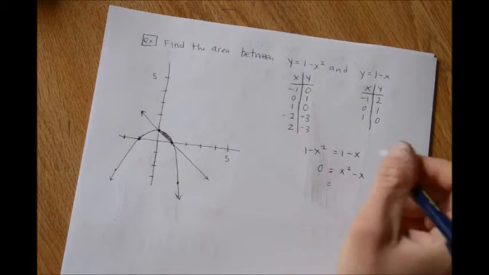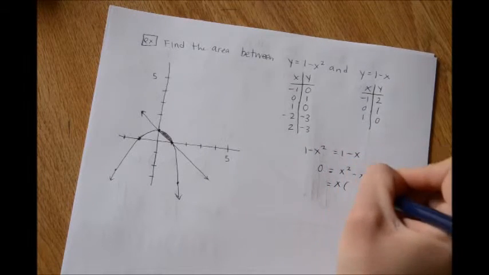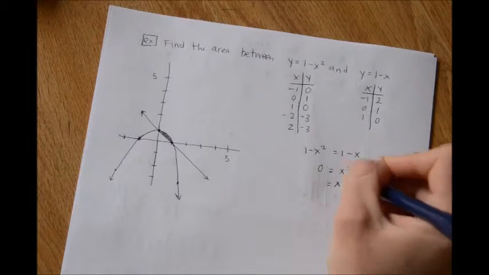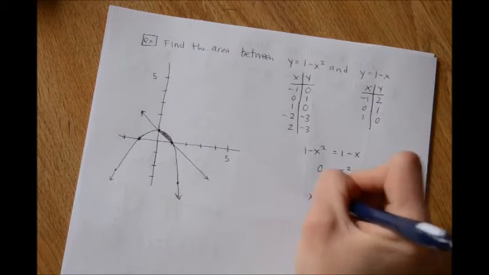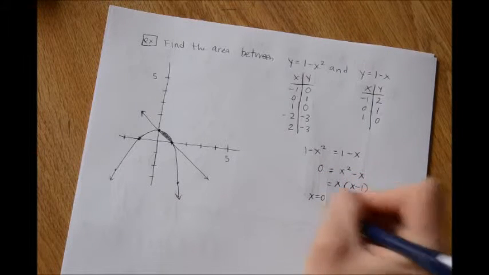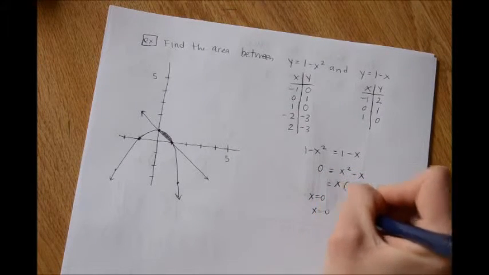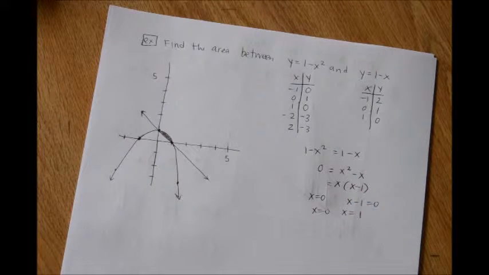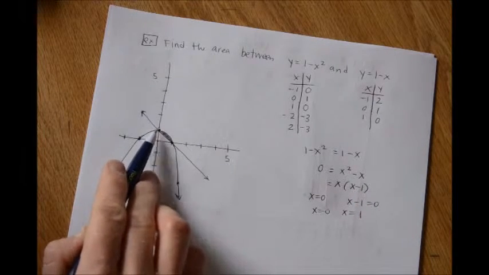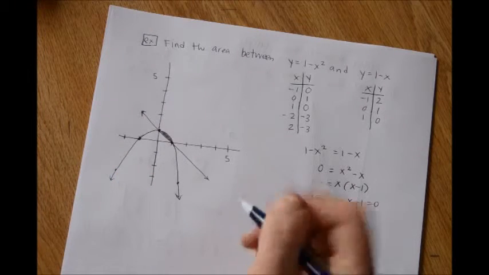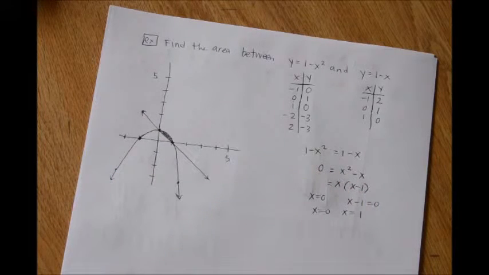Then I'm pulling an x out, so I just have x times x minus 1. So x equals 0 and x minus 1 equals 0, and we find that x equals 0 and x equals 1. That's where they equal each other. And we can see that here too. So that just means that our limits of integration are from 0 to 1.